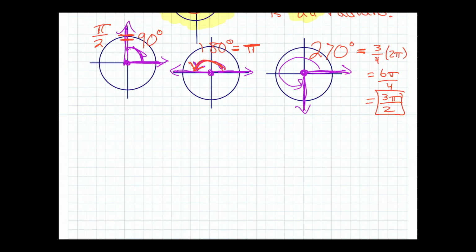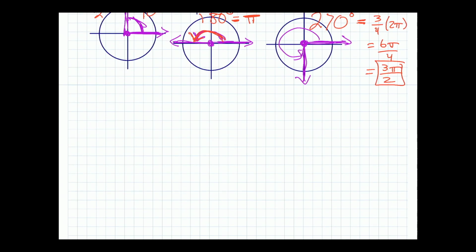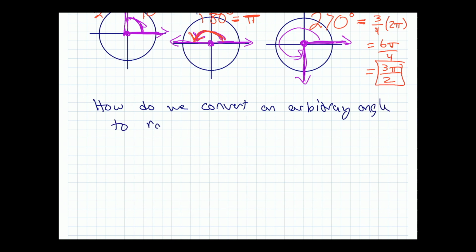However, what do we do for other angles, right? How do we convert an arbitrary angle from degrees to radians?